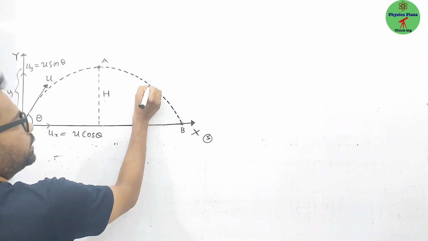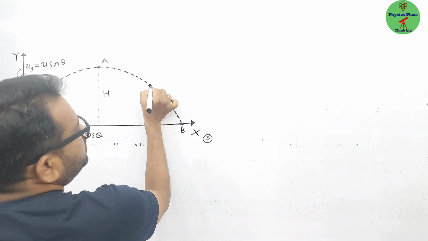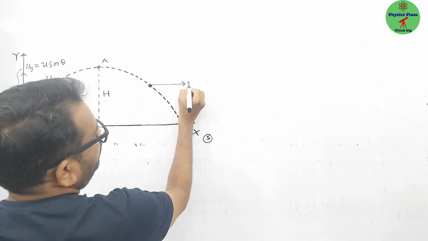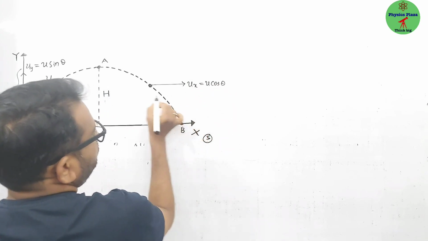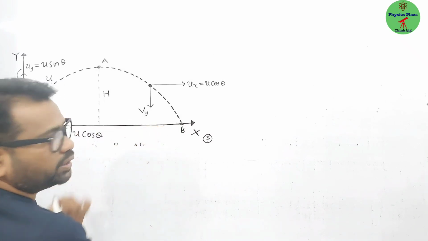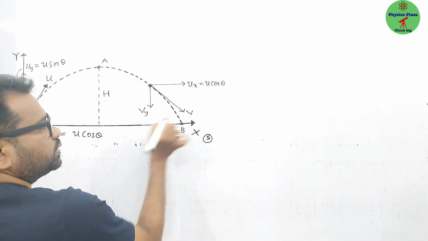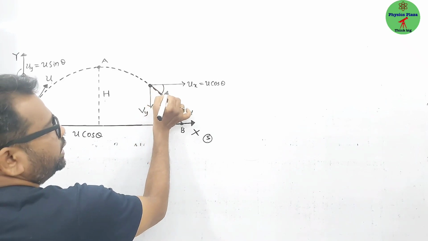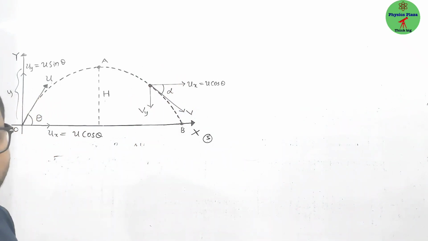Let us take a point here. The horizontal component is always constant, u cos theta, but the vertical component will be, let us say, vy, and the resultant velocity will be, let us say, v, making an angle alpha. Then how to calculate this?